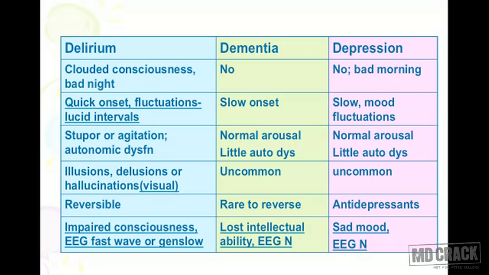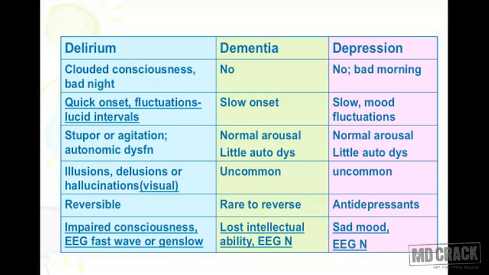Next, delirium could be reversible because there's a definite medical cause. If you're able to treat the medical cause, the delirium could be reversible. But dementia is a progressive, slow degeneration. It's a degenerative disorder and it's rare to reverse.